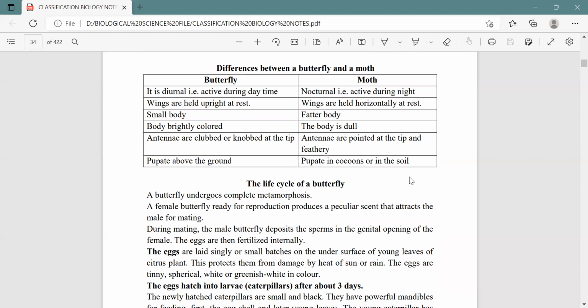The butterfly has a brightly colored body, and the body of the moth is dull. The antennae are clubbed at the tip in the butterflies, while they are pointed and feathered in moths. The butterfly pupates above the ground, while the moth pupates in cocoons or in the soil.